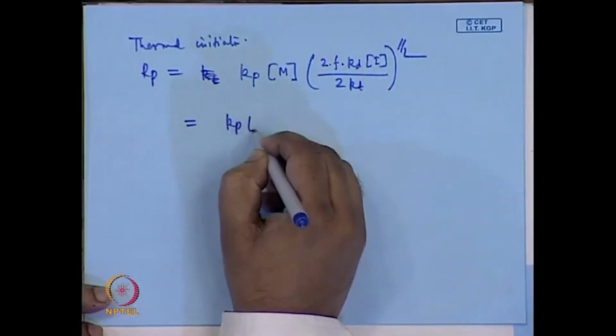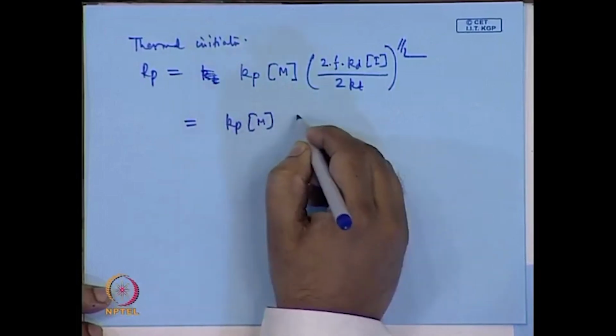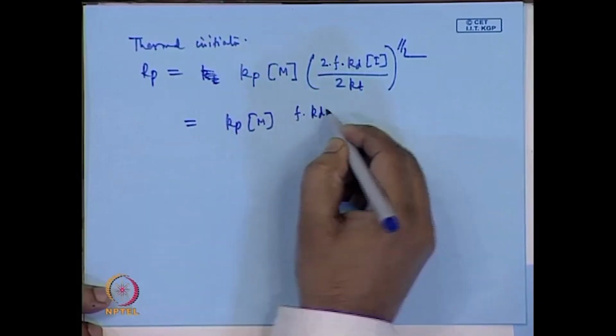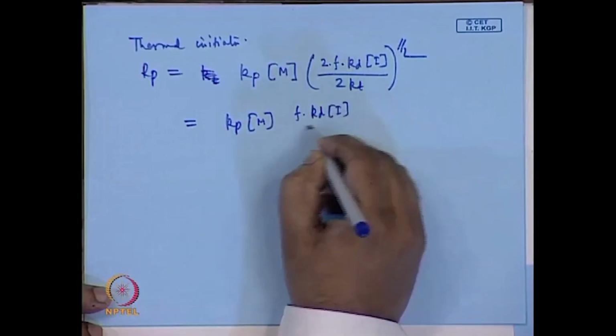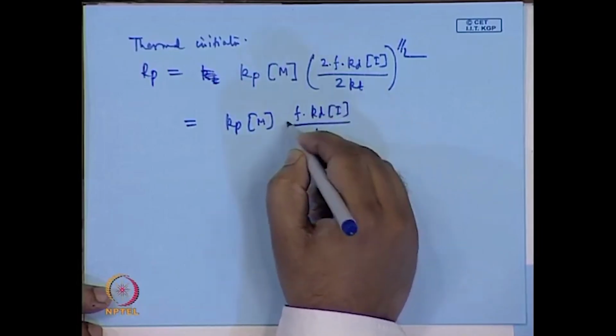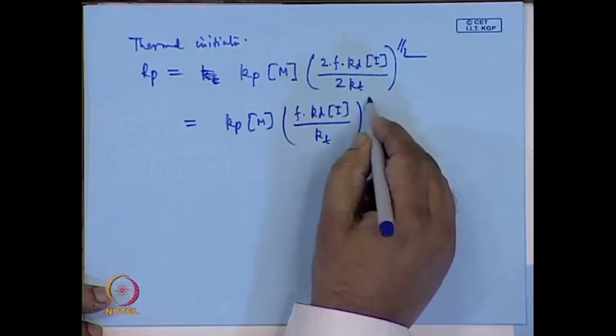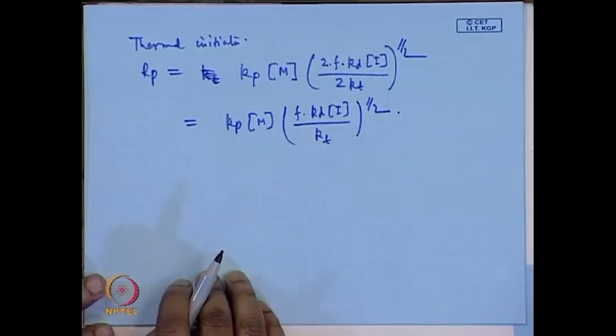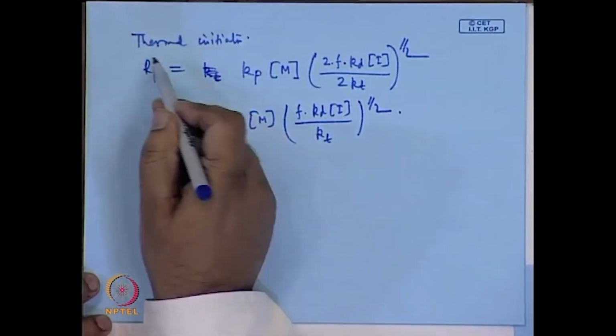So, Rp is Kp m times F Kd I over Kt to the power half. Okay. Now, this is for thermal initiator.